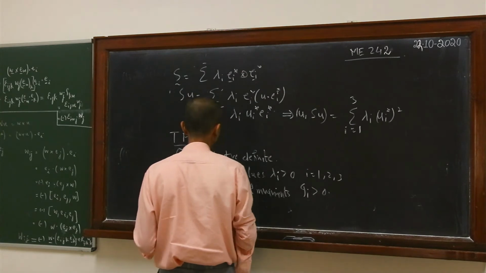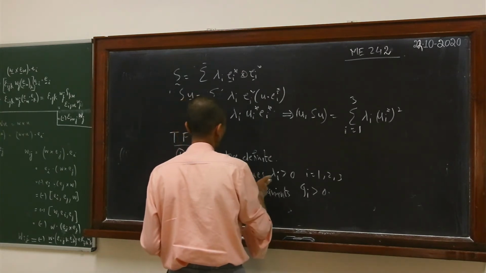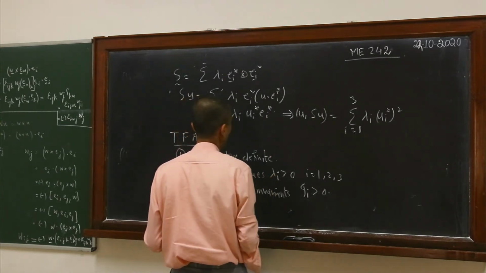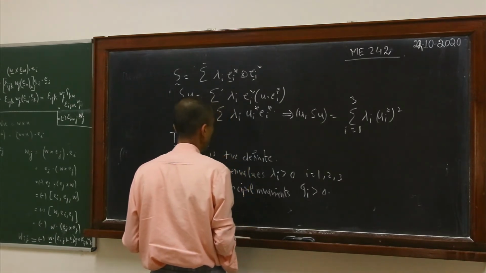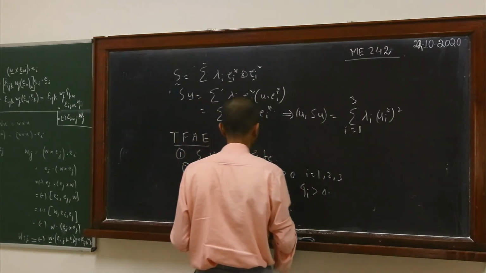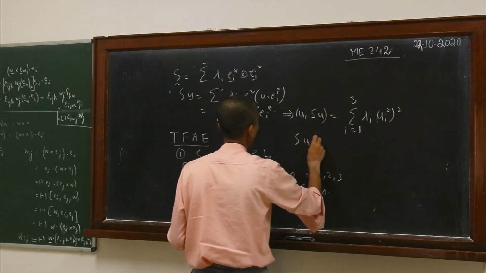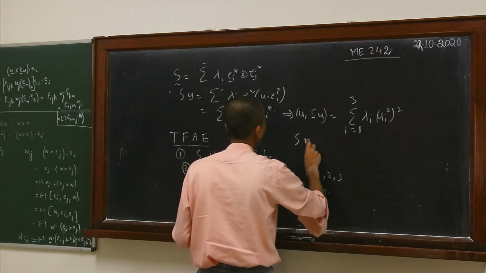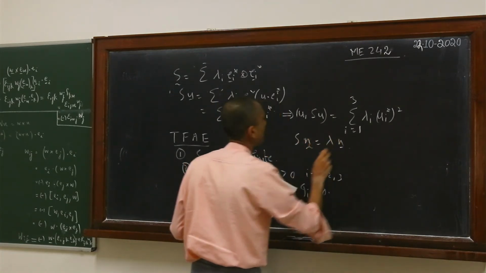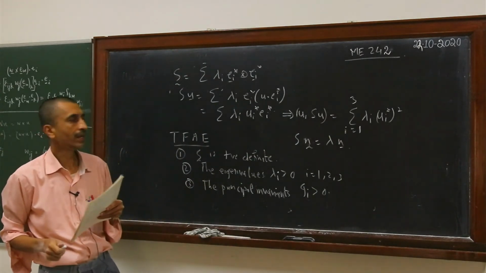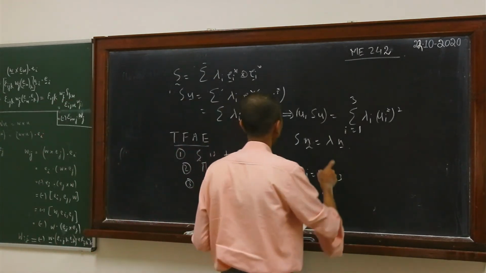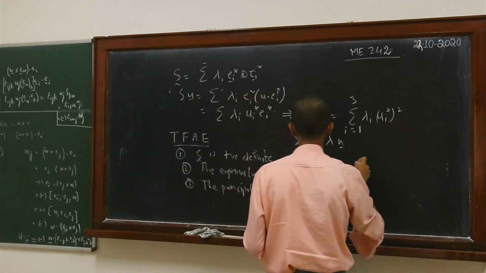First, if S is positive definite, then the eigenvalues λ_i are greater than 0. Suppose we write the eigenvalue problem: Sn = λn. Now take the dot product on both sides with n.